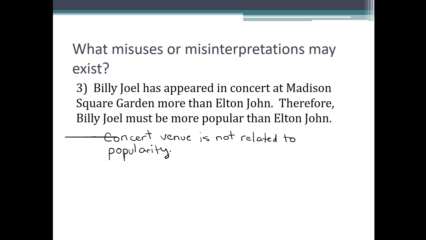They haven't given you enough information here yet about everything going on in those two people's professional lives. You don't know about record sales or nowadays just music sales or whatever. You don't know about other factors, so you can't just draw this conclusion that Billy Joel must be more popular because he appeared in that one place more frequently. So just be on the lookout for that and think about it.